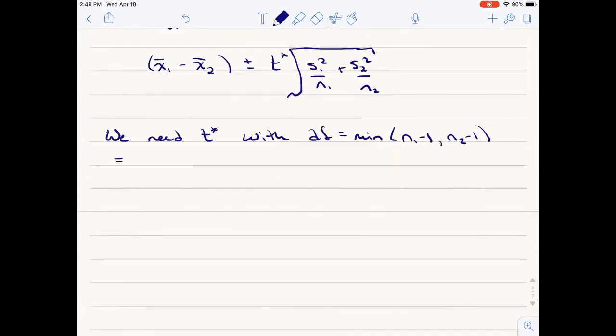Our n1 is 45 minus 1, or 31 minus 1, which is the minimum of 44 or 30, which would spit out 30. We'll just check on our t table to see if we have a 30 degrees of freedom line, which we do. So then we're just going to use 30.